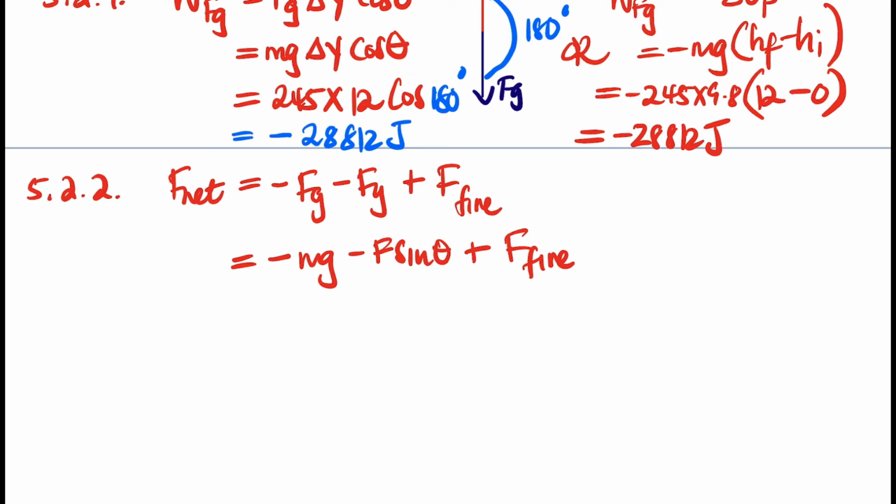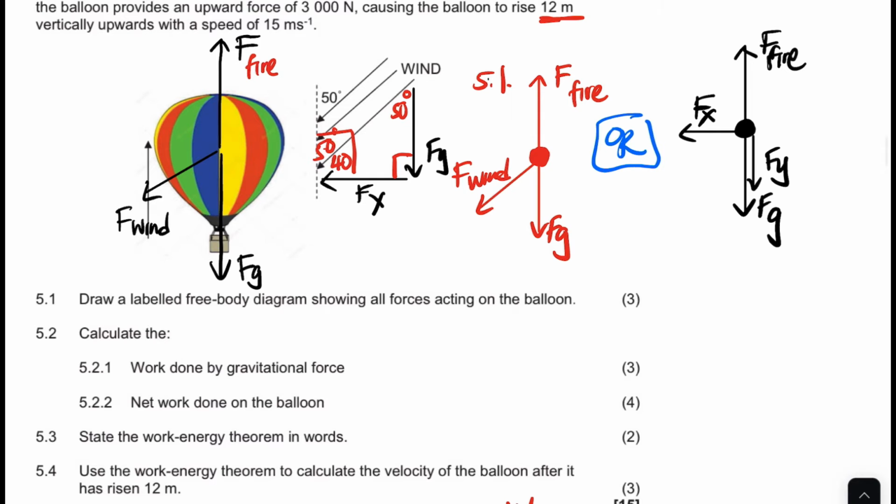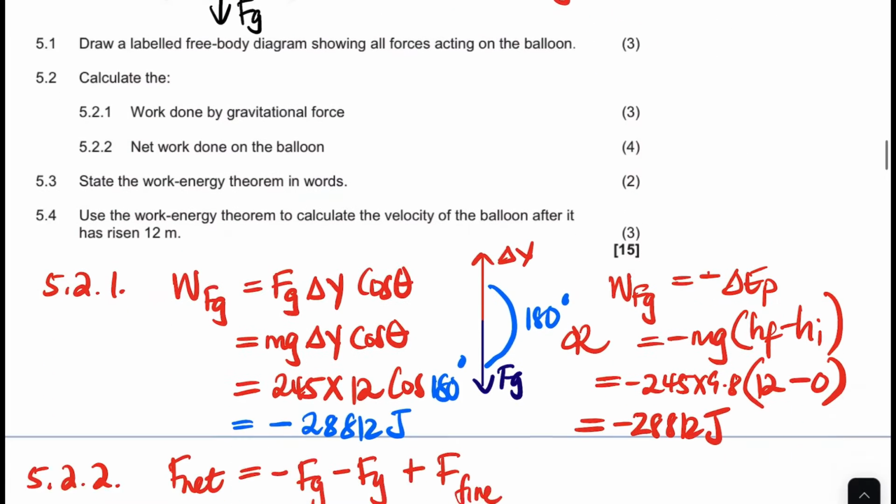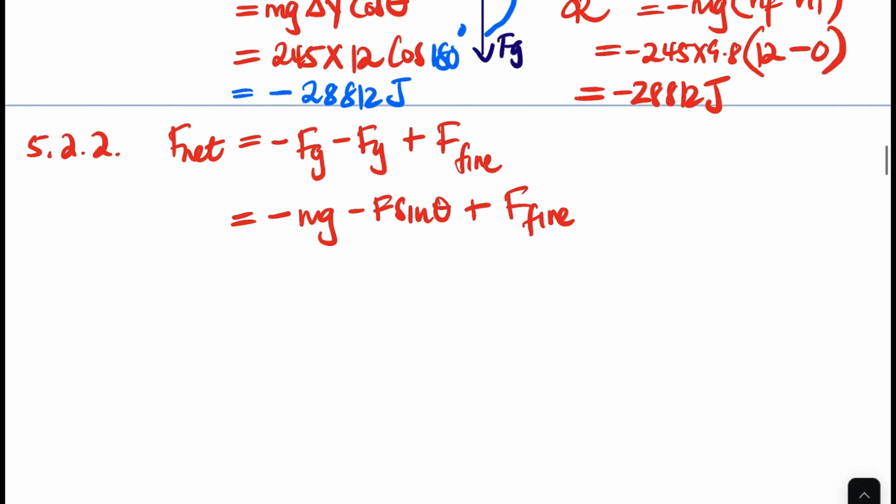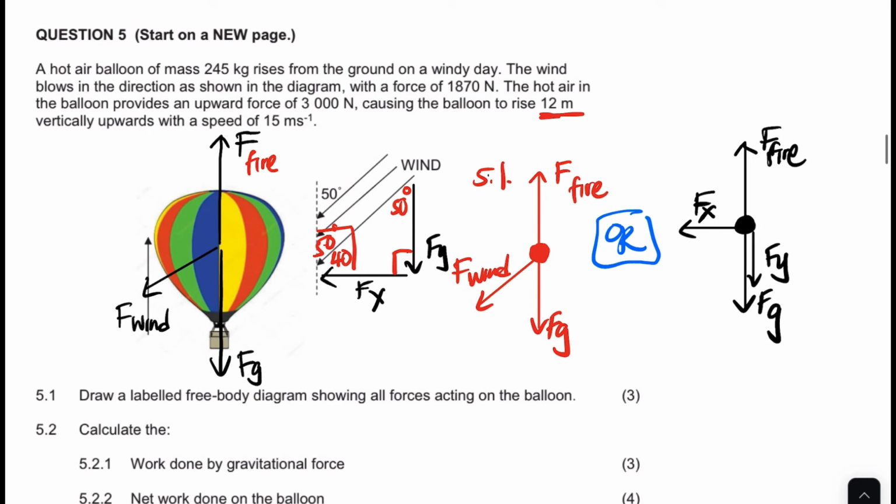Now when it comes to substituting, we're going to say the mass, it's negative 245 times 9.8 minus, guys, you need to be very careful here, very careful, because the force is to the angle, this 50 is to the vertical.